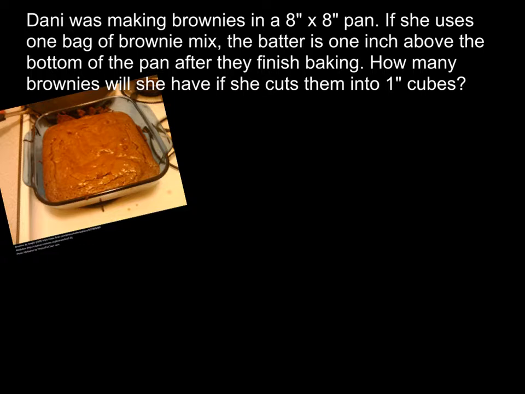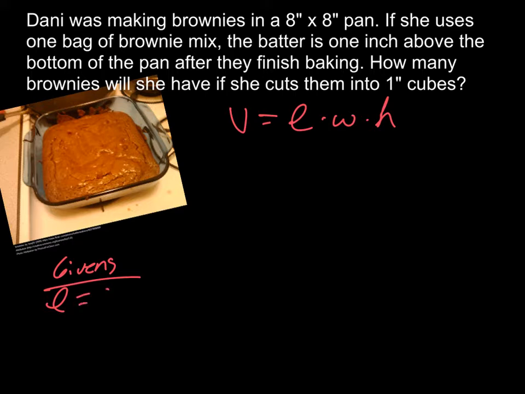And then I want us to write the formula. So we have volume is length times width times height. And in my class, we've been talking about going over the givens. So I'll put that over here, where we have our length is 8 inches, our width is 8 inches, and our height is 1 inch.